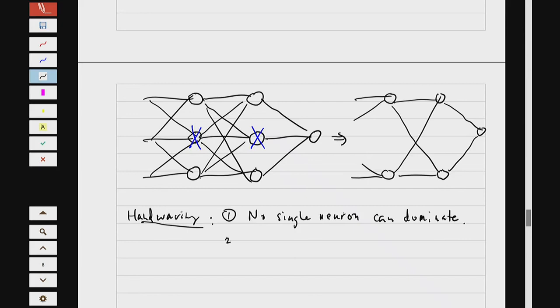The second, a more interesting argument is that to find a good solution to a problem, we might want to try many different versions of a neural network. And this is called ensemble learning.